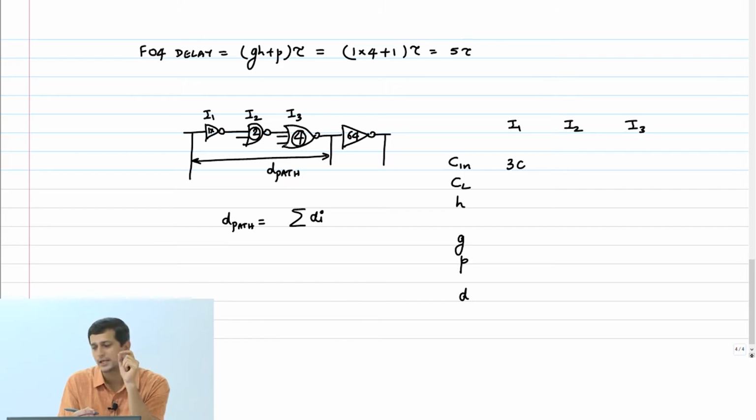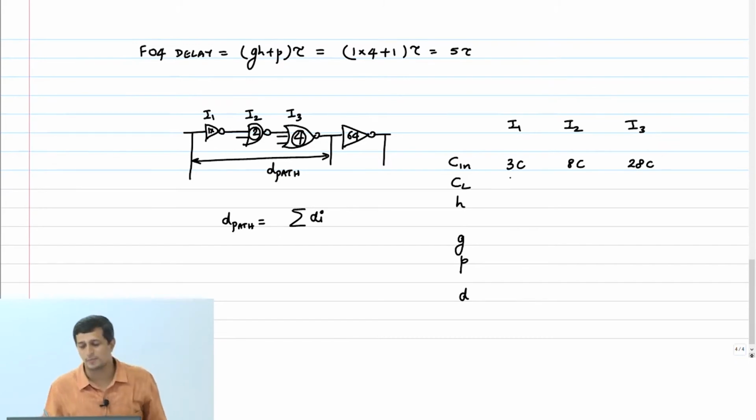Therefore, the net input capacitance that it would see is 8C. What about I3? It's a NOR 3. The NOR would normally present a capacitance of 7C, 1 from NMOS, 6 from PMOS. But I am upsizing by a factor of 4, and therefore I am getting 28C.